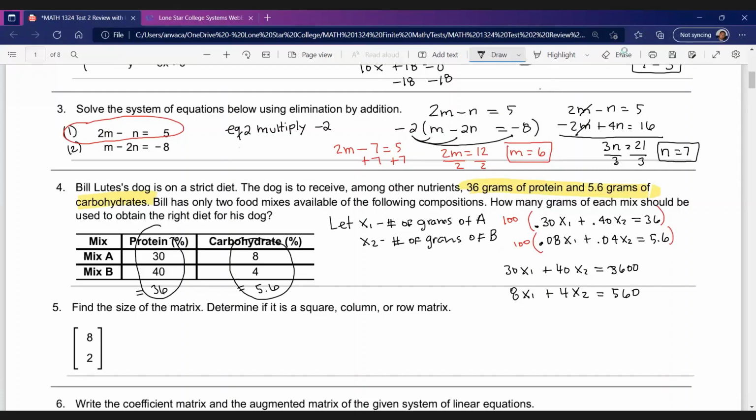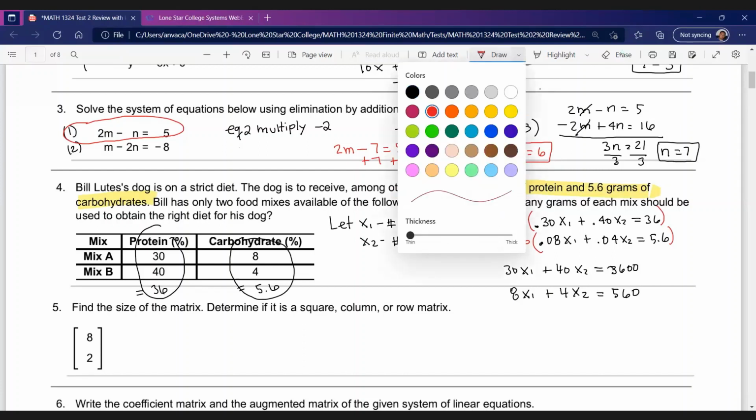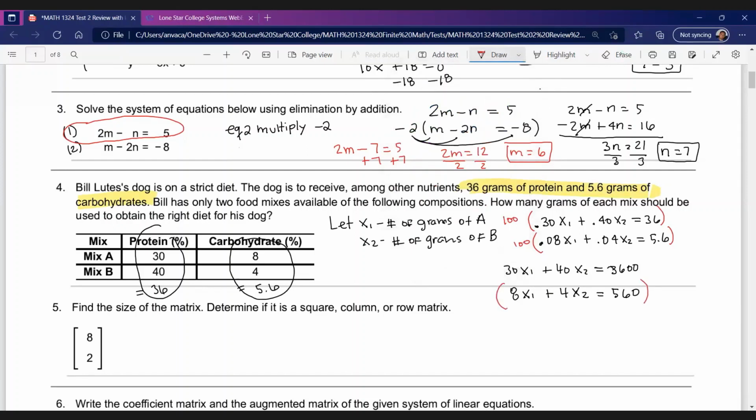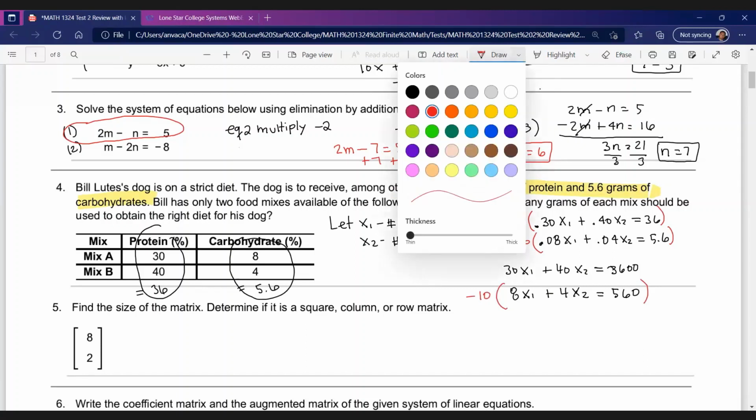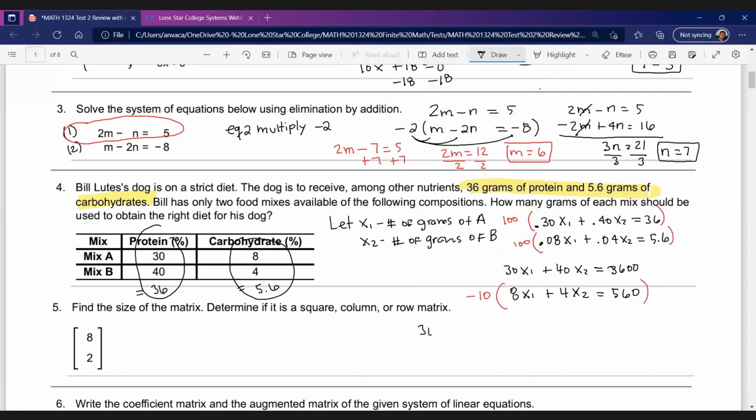Now I'm going to use the elimination by addition method here. I would like to get rid of the variable x2, and in order to do that, multiply the second equation by negative 10. So we have 30x1 plus 40x2 is equal to 3600.